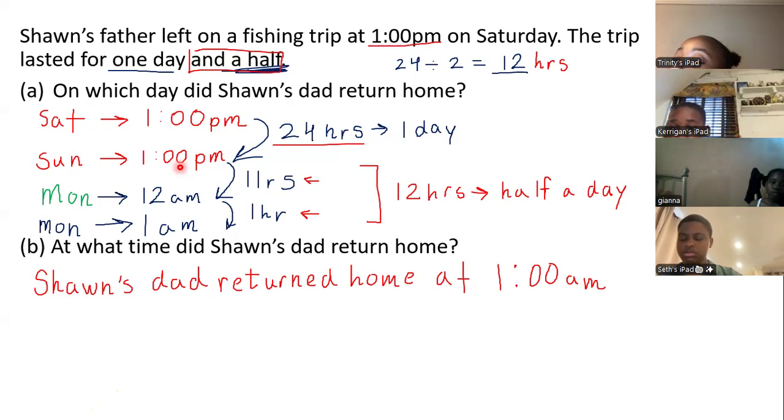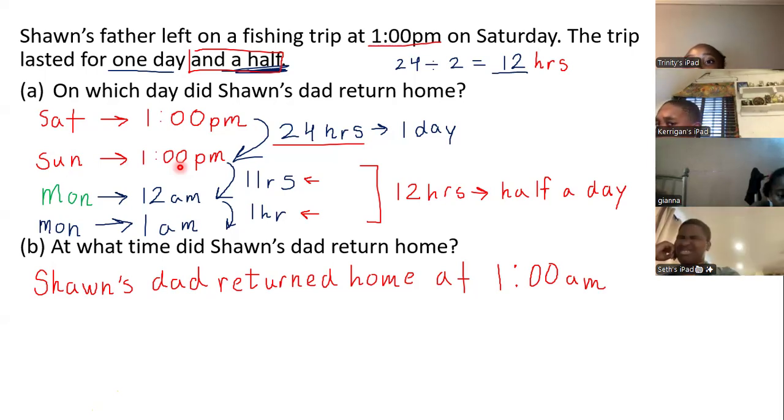Anyone else want to explain it? Who understands it? Let me know if you want to explain it. I do. Go ahead. It says Sean's father left on a fishing trip at 1 p.m. on Saturday. The trip lasted for 1 day and a half. The question says, on which day did Sean's dad return?